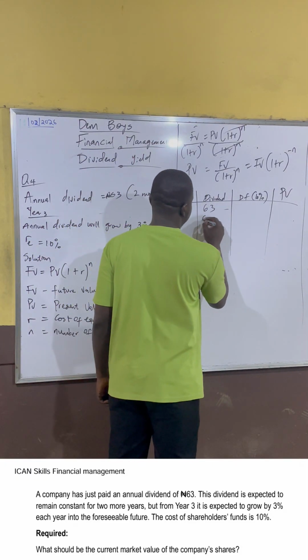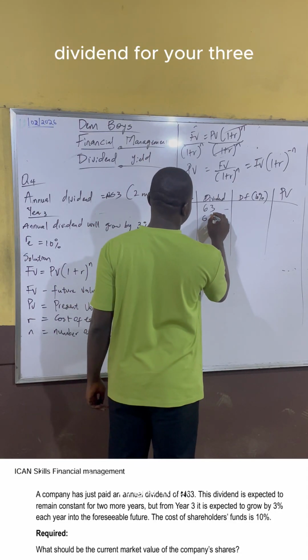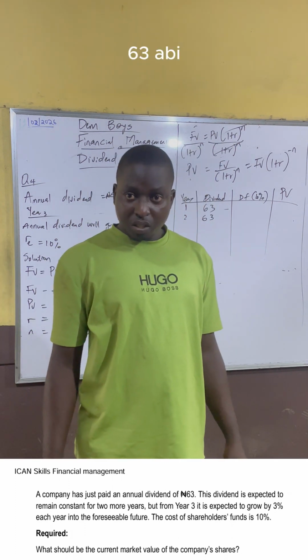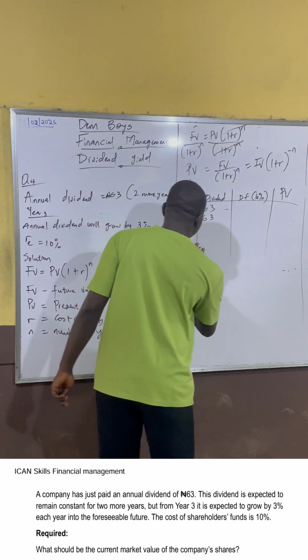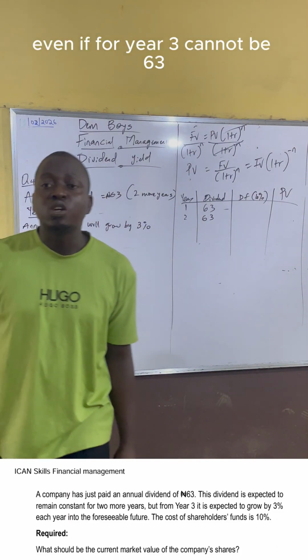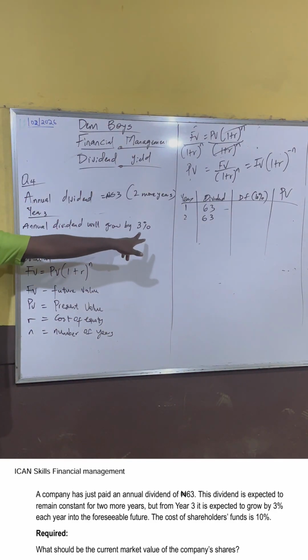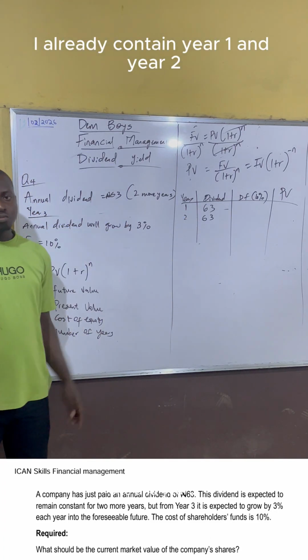63. Dividend for year 3 is what? 63, I think. No. Dividend for year 3 cannot be 63, because when they said 2 more years, those 2 more years already contain year 1 and year 2.